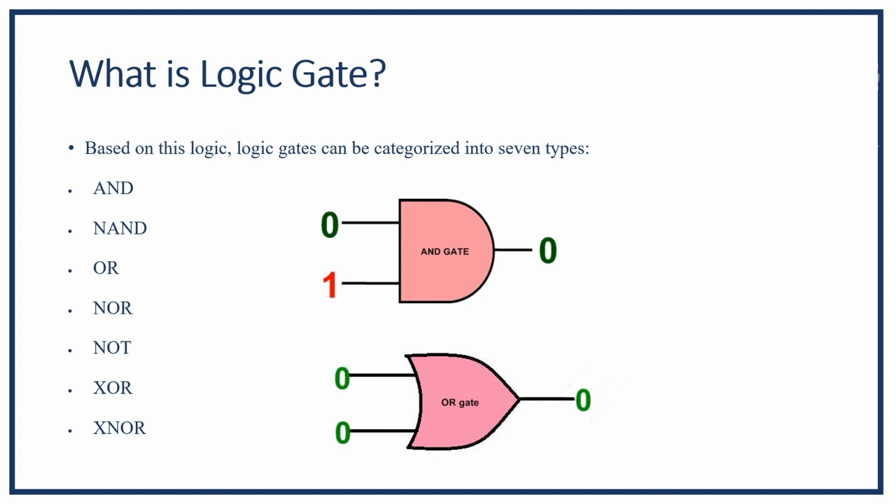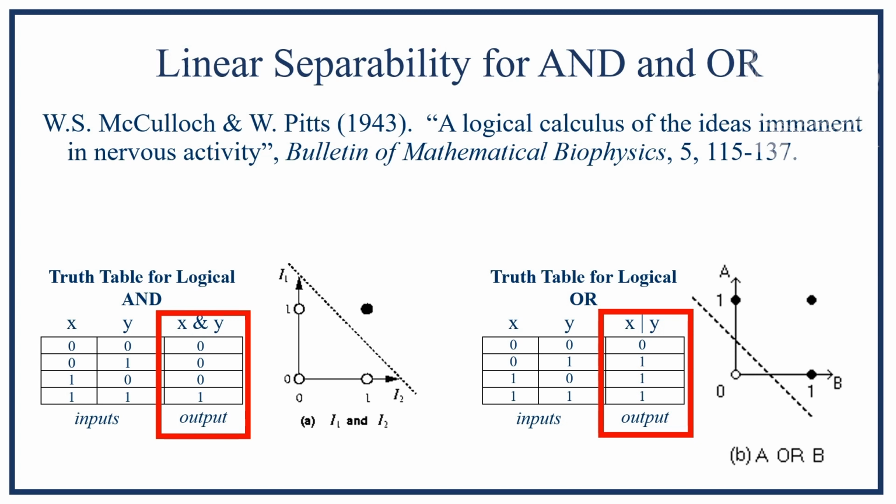The logic gates that can be implemented with perceptron are discussed here. For the AND gate, if both inputs are true, that is +1, the output of the perceptron is positive, which amounts to true. Whereas in the OR gate, if either of the two inputs is true, the output of the perceptron is positive, which amounts to true.